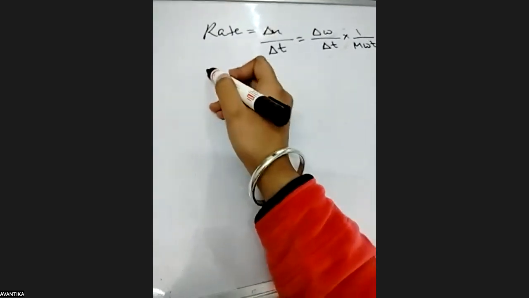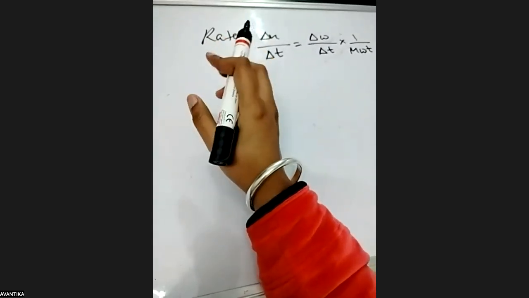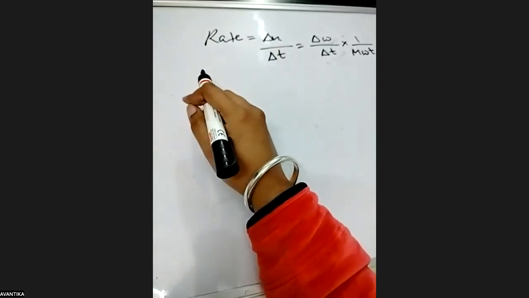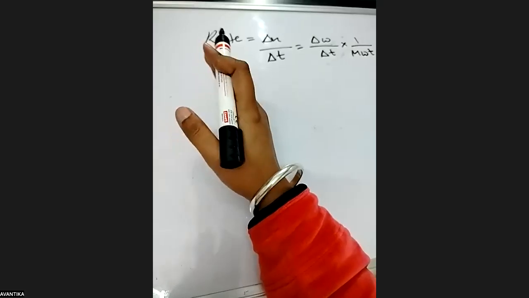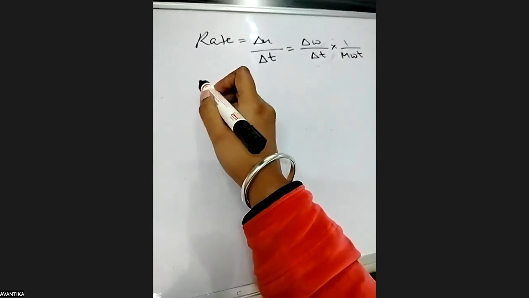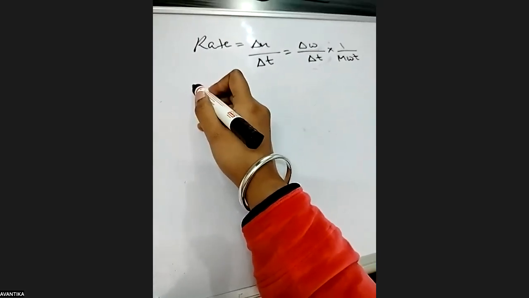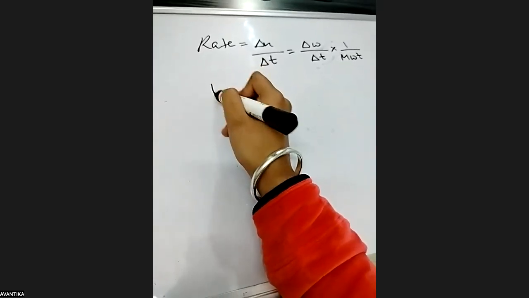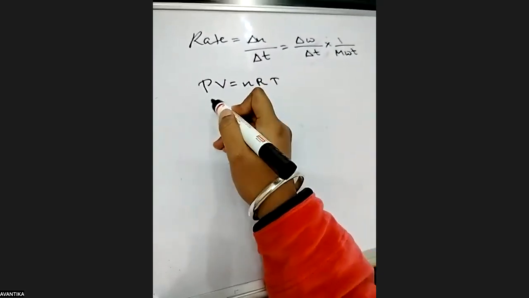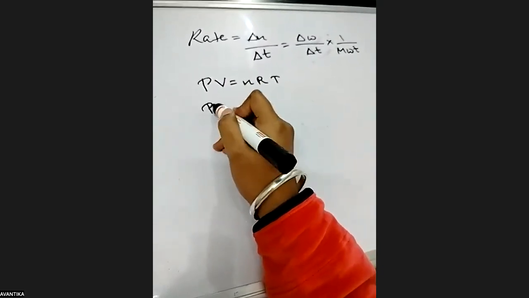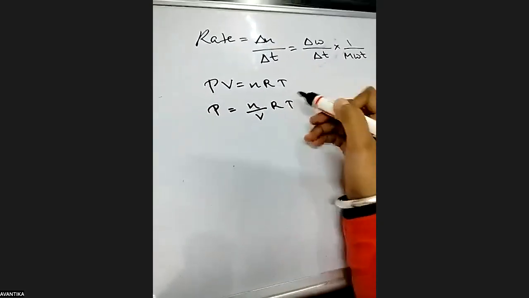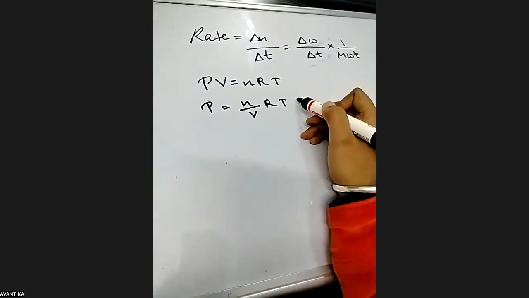But the generalized rate law equation is used only when the rate is expressed in terms of moles. If we have to express a rate in terms of pressure, then we use the ideal gas equation, that is PV is equal to nRT. So from this equation we get P is equal to n by V into RT, where n by V is concentration, so P is equal to CRT.